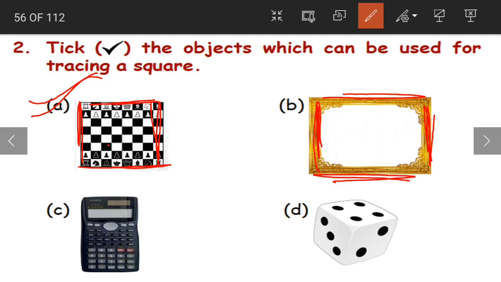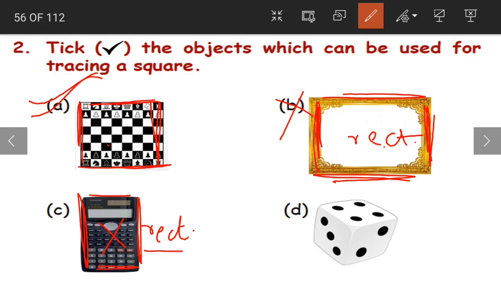Only the opposite sides are equal. So no, this cannot be used, but it can be used to trace a rectangle. Coming to object C, again here opposite sides are equal, so this also cannot be used to trace a square. It can be used for tracing a rectangle.